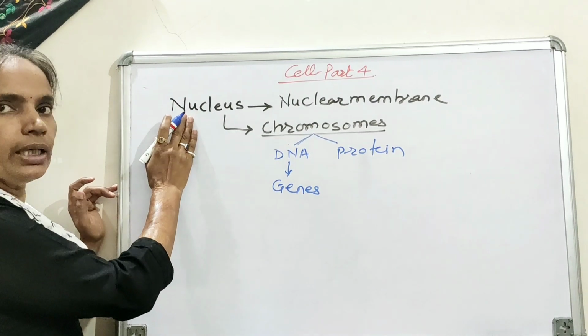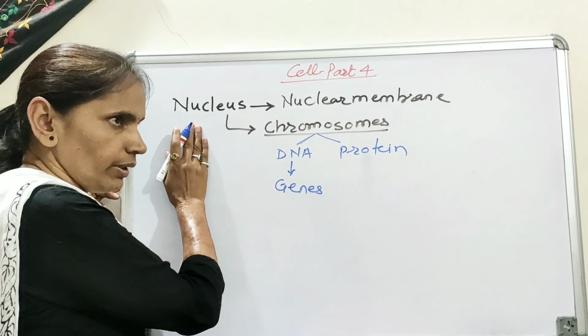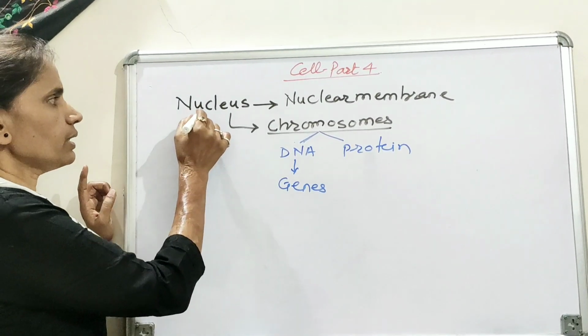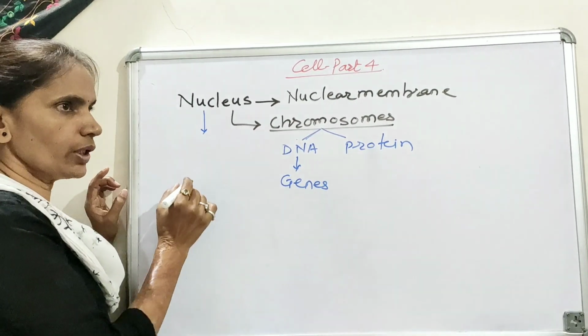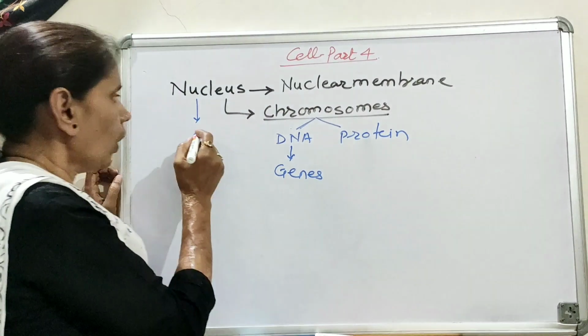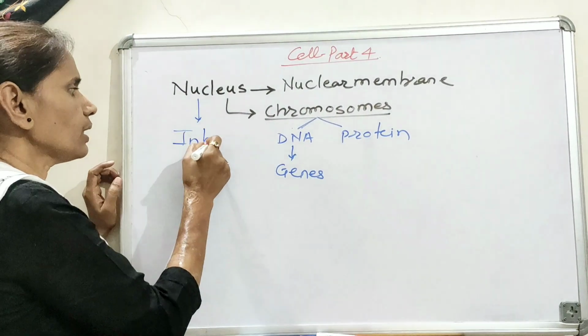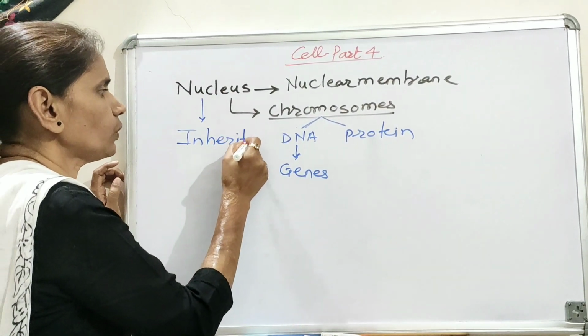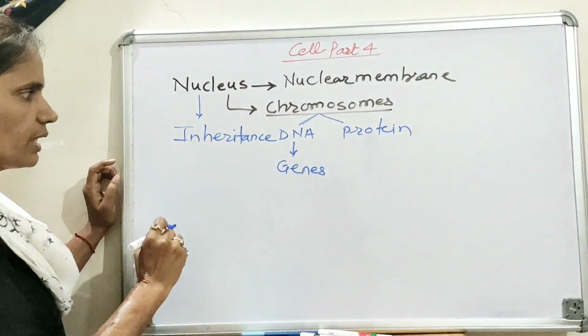So overall, the nucleus is having first role, that is the key role in the cell reproduction or transferring the genetic information, or in case of inheritance of the genetic information to the next generation cells.